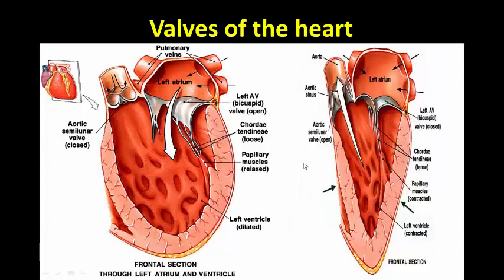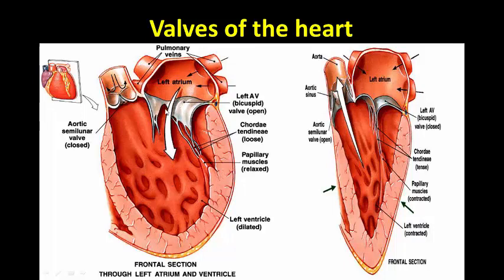Here we have the mitral valve open during left ventricular diastole to allow for left ventricular filling, so the blood flows from the left atrium through the open mitral valve into the left ventricle.